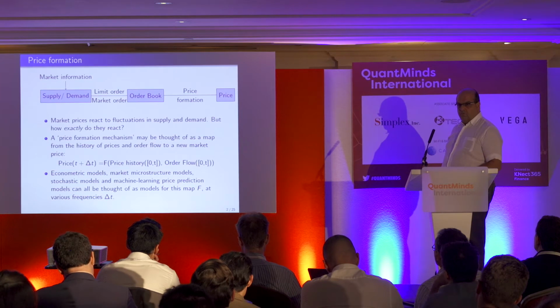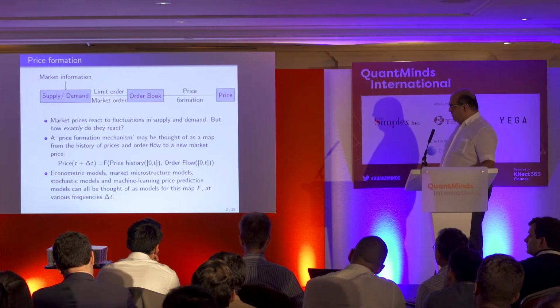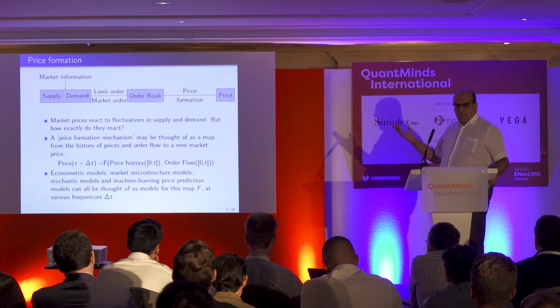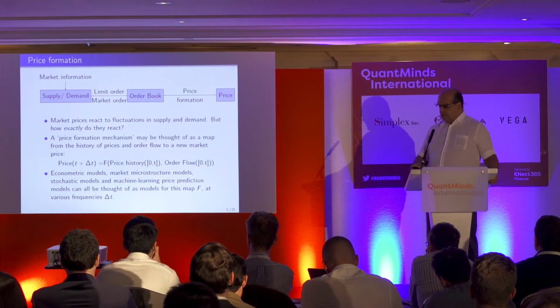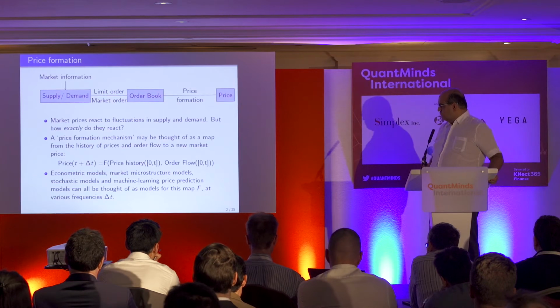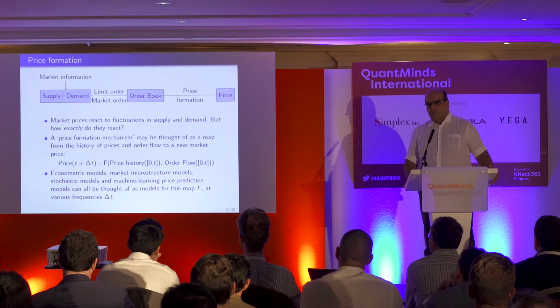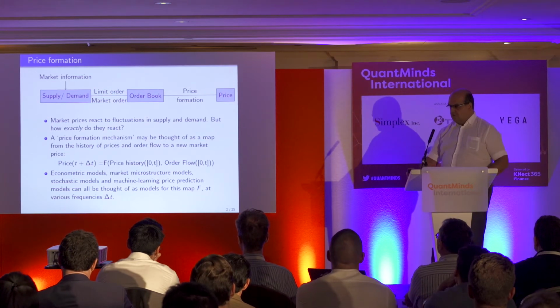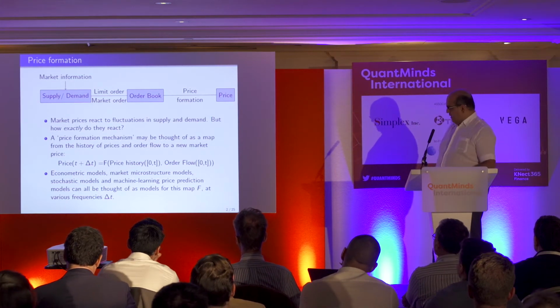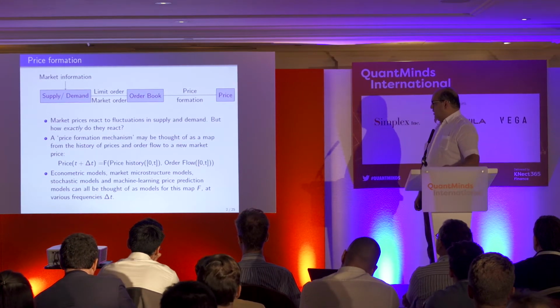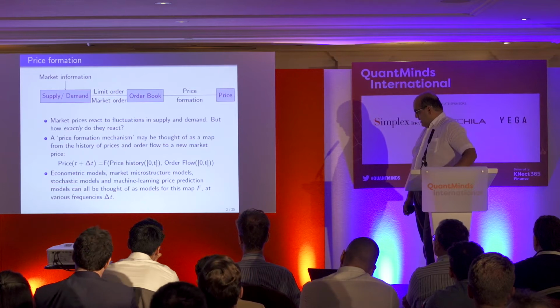There are different ways to think about this, path dependent or not. And this map can be more or less complicated. It can be linear. It can be a time series model. It can be an agent-based model. So all the models of price formation can be thought of in this way in a very abstract sense. And then the forecasting frequency delta t can be different. You can be very ambitious and want to forecast much ahead, or you can just forecast one step ahead and so on. All the models that you think of in market structure, high frequency, can be thought of in these terms.